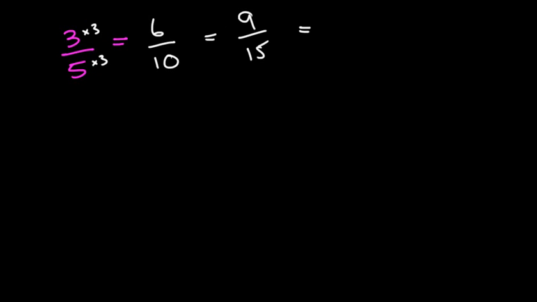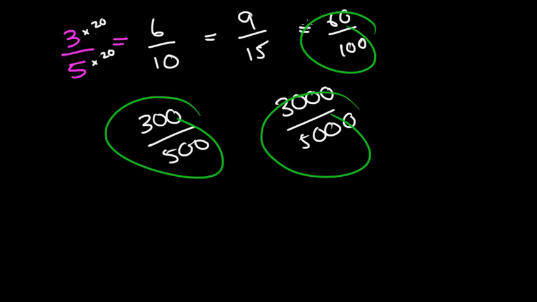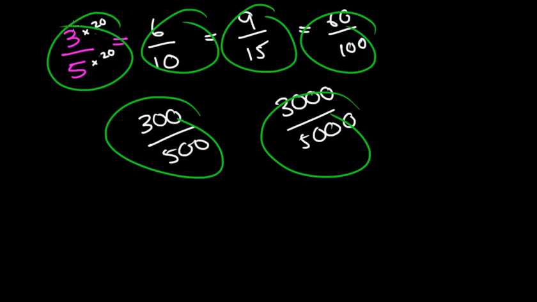Or let's say we times this by 20. 3 times 20 is 60, 5 times 20 is 100. We could times it by 100, or by 1,000 and make it that. Okay, it's endless. It's an infinite amount of different fractions. But all these fractions, absolutely every single one, all mean the exact same thing, which is that 3/5.